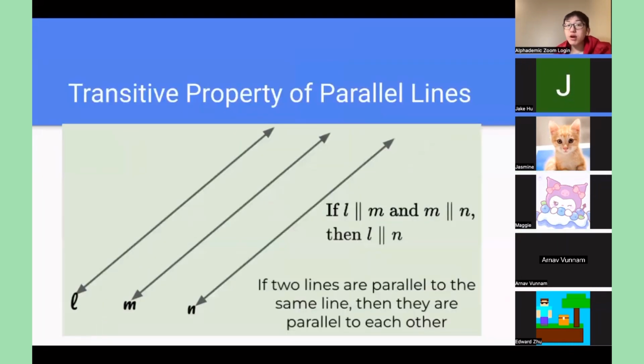And then the transitive property of parallel lines: if lines L and M are parallel and lines M and N are parallel, then lines L and N are parallel. If two lines are parallel to the same line, then they are parallel to one another.